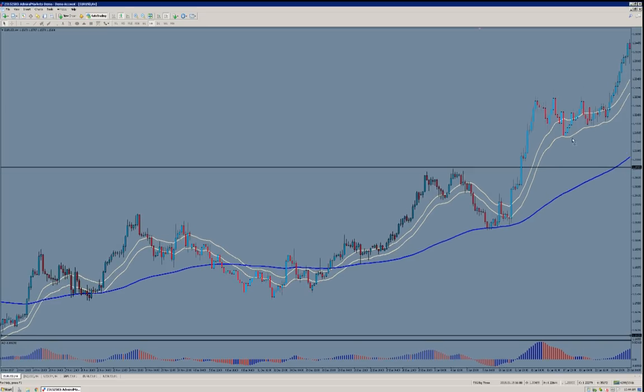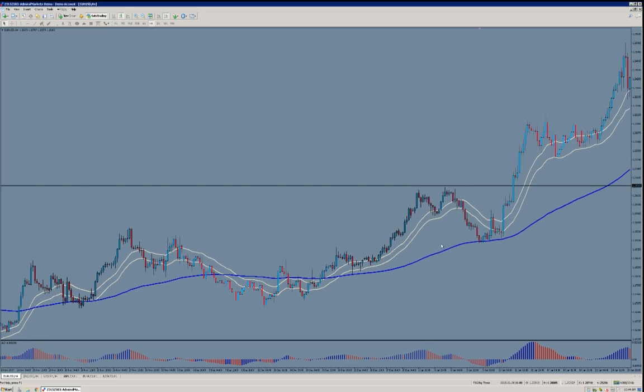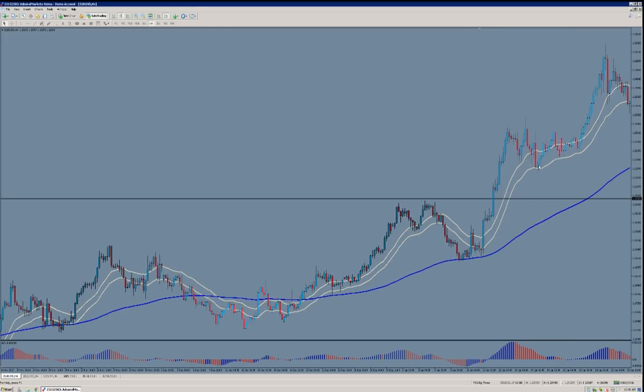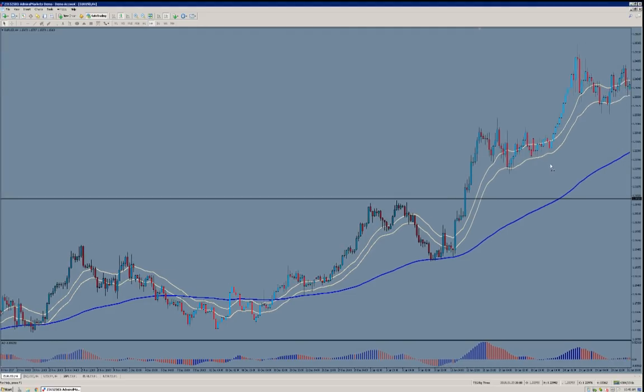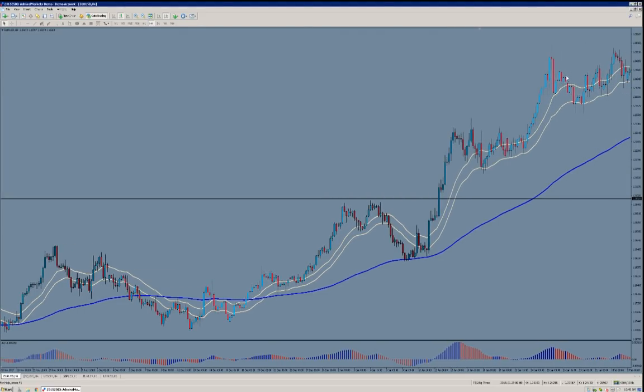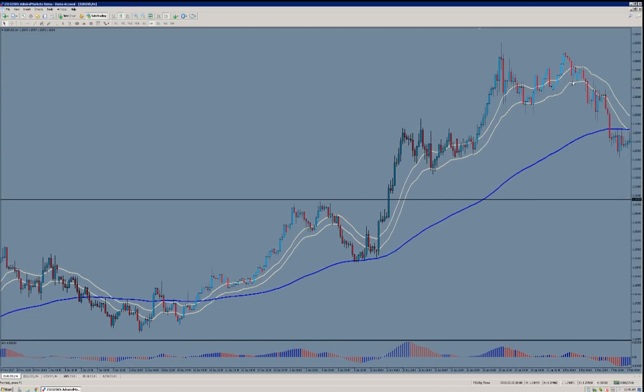Because what you will get is, if price is trending, and it's coming back towards the 21 EMA band of the 4-hour chart, price should continue to go up as long as it stays above that band. And at some point you will get a first break of that band here.